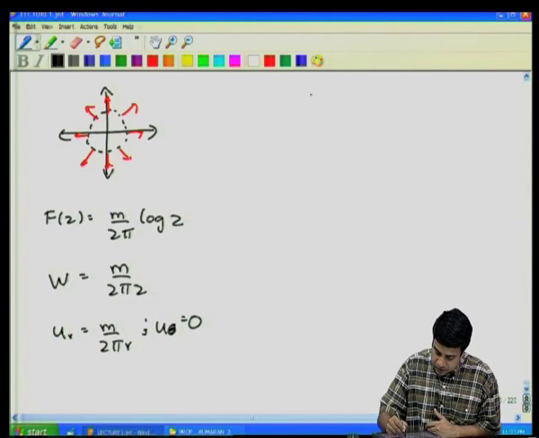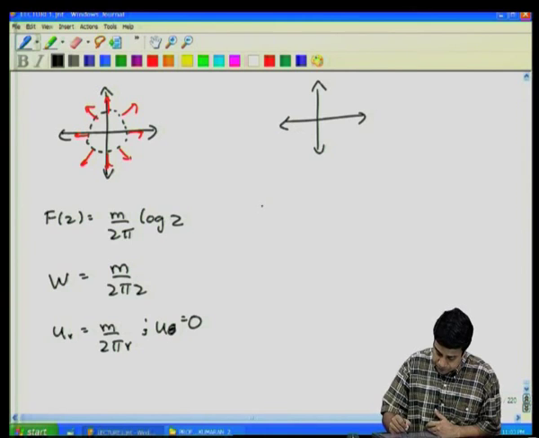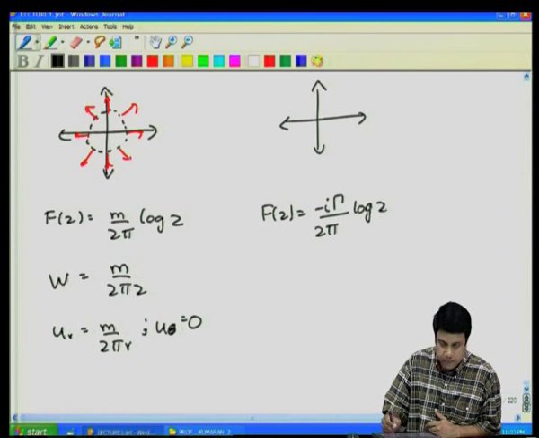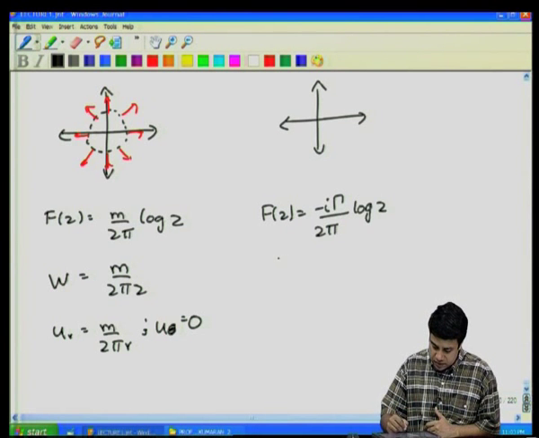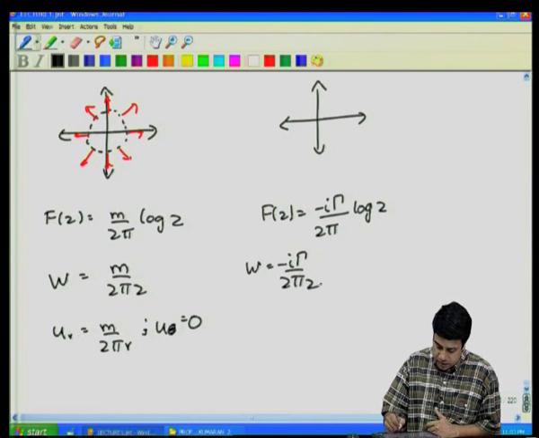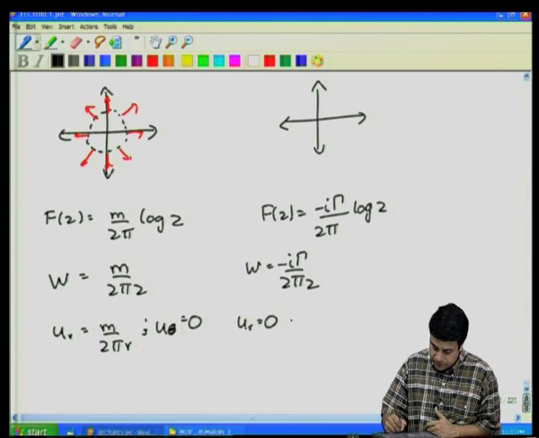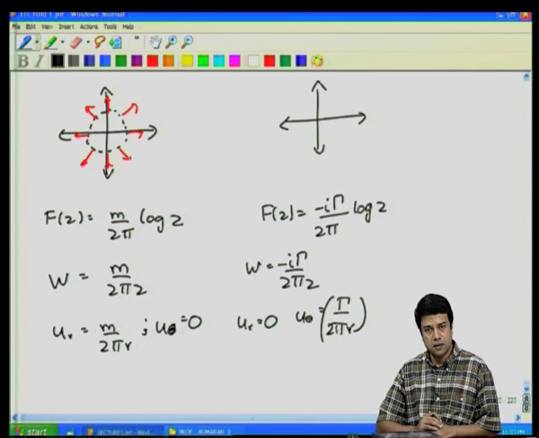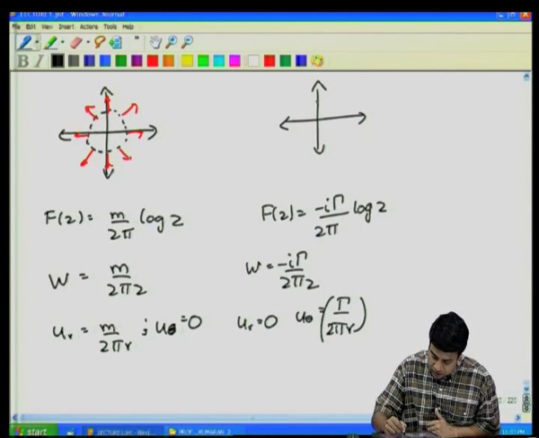The other special flow that we had analyzed was f of z equal to minus i gamma by 2 pi log z, and if you work out, this w is equal to minus i gamma by 2 pi z, which means that u_r is equal to 0, u_theta is equal to gamma by 2 pi r. Okay. So this corresponded to a circulating flow, circulating around the origin.